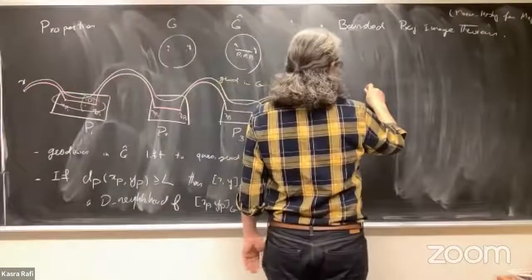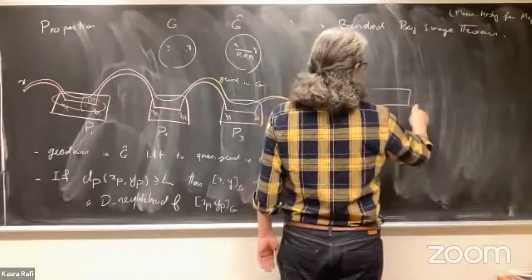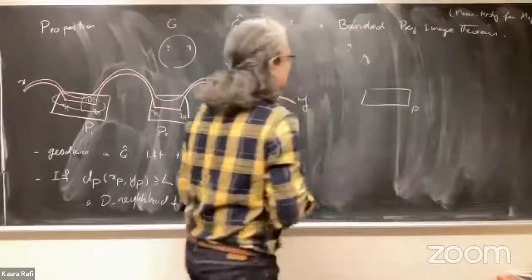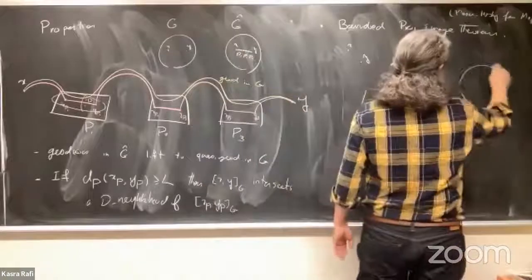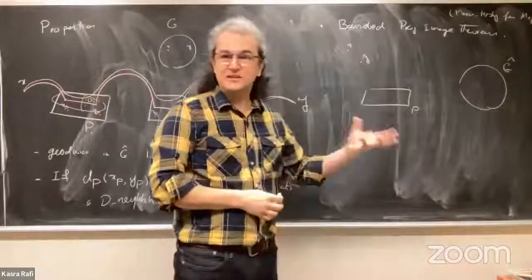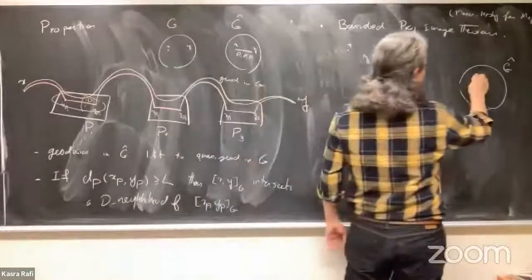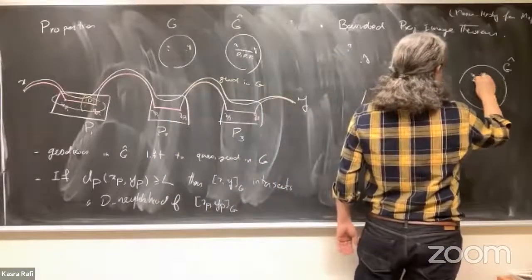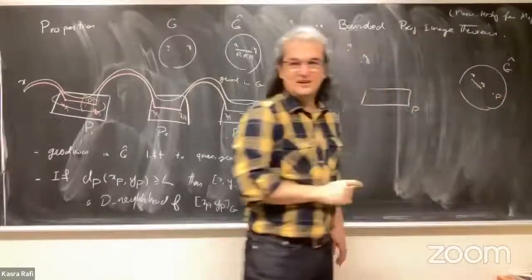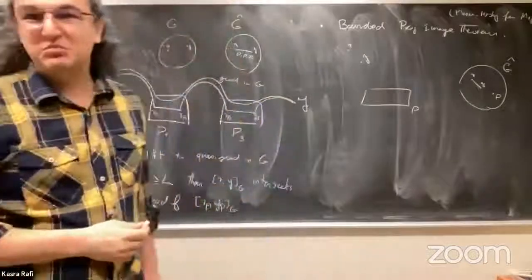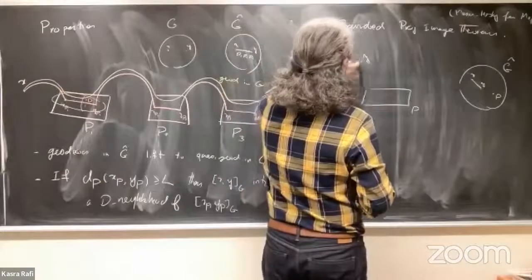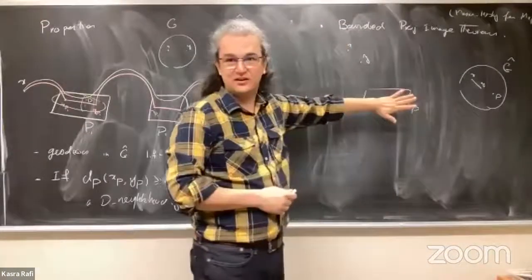Let's say you have a peripheral subgroup P and you have some points X and Y. You can look at this picture in G hat, where all the P's are killed off, and this space is hyperbolic. Now you have some X and Y, and imagine that this P is nowhere near this segment. Then the geodesic connecting X to Y doesn't come near P at all.